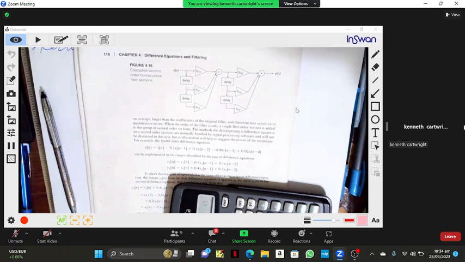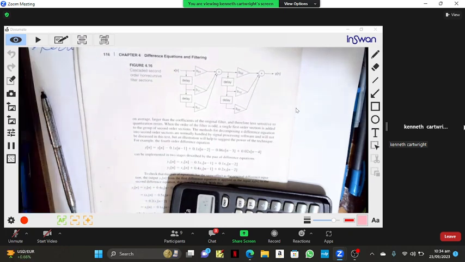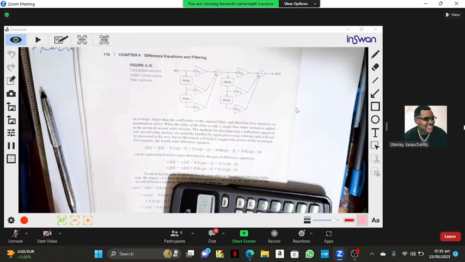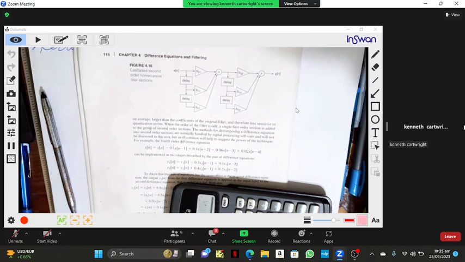So what happens to the order when you cascade filters? Do you add them up? Yes, you do. So this is a fourth order filter. A second order FIR followed by a second order FIR filter is a fourth order FIR filter.